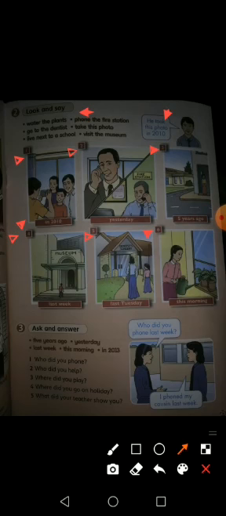The next picture, look at the next picture, number 2. What can you see? Here we have two men. They are talking on the phone, but they use what? They use the word yesterday.